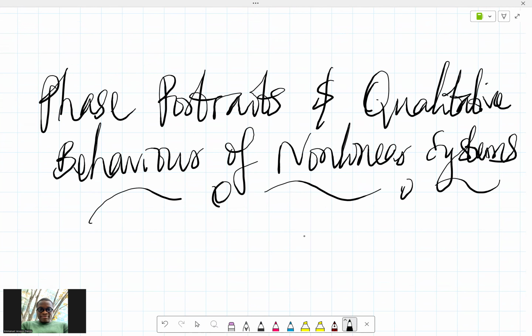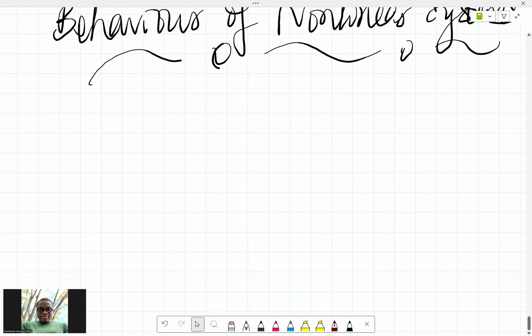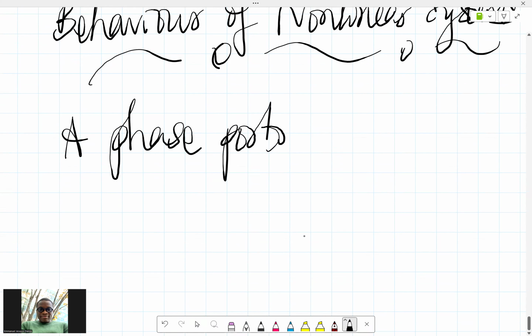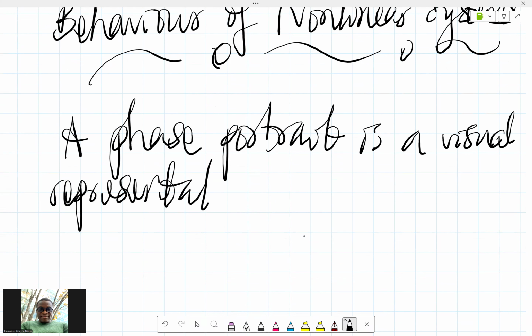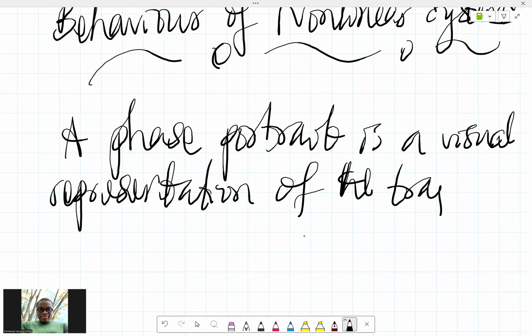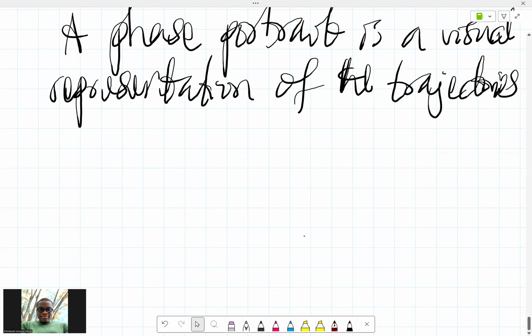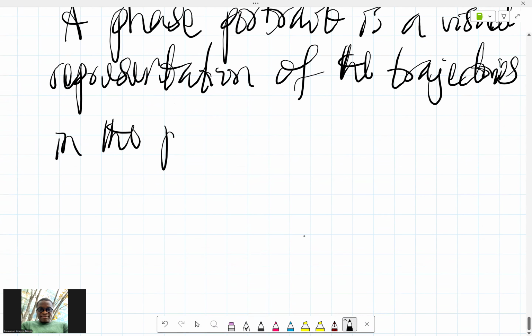Okay, so a phase portrait is a visual representation of the trajectories in the phase plane.